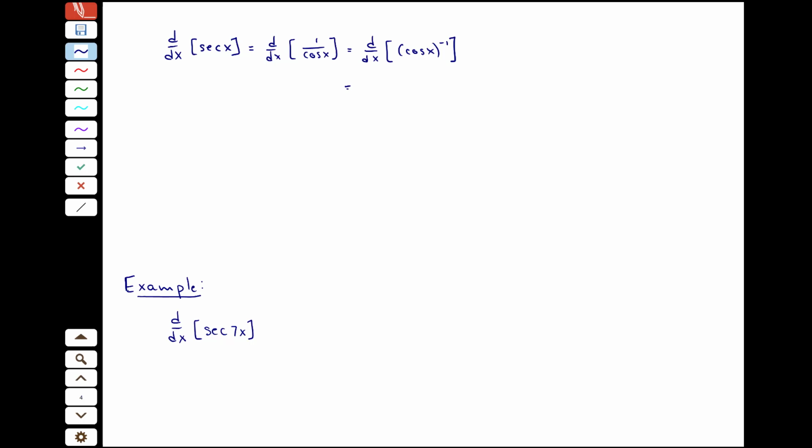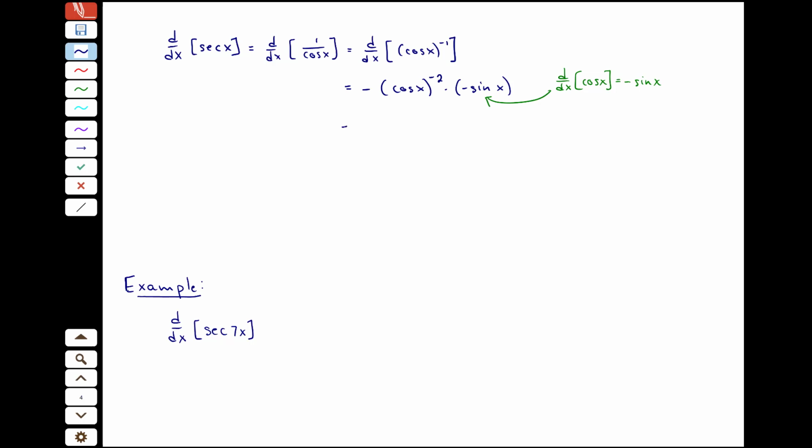So taking the derivative of this expression, I bring down the negative 1. My inside function is now cosine x, and subtracting 1 from the exponent, I get a negative 2. Now multiplying by the derivative of the inside of this, which is cosine, I have times a negative sine x. And again, this comes from the fact that the derivative of cosine x is negative sine x.